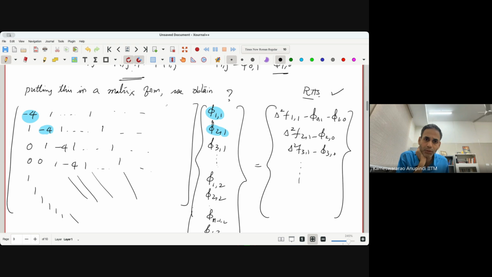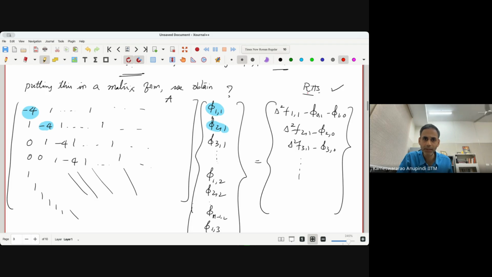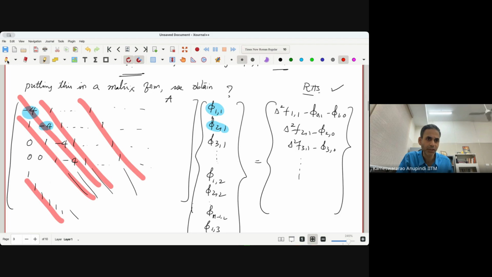Okay, so that's how your right hand side vector is going to be, which is a known vector, and this is the unknowns that you have to solve for, and this is the A matrix. Okay, what do we see A matrix to be? We see that A matrix has some kind of a structure with several zeros in between, and then there is some kind of a banded structure.